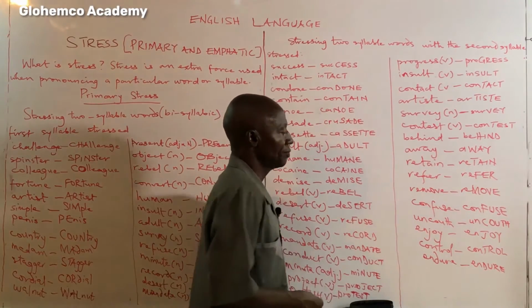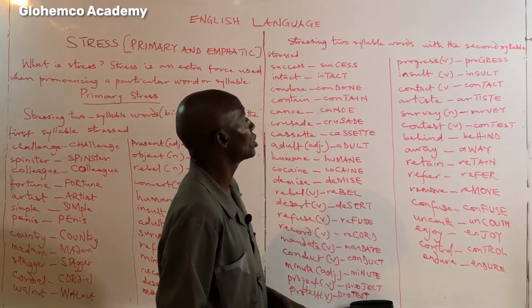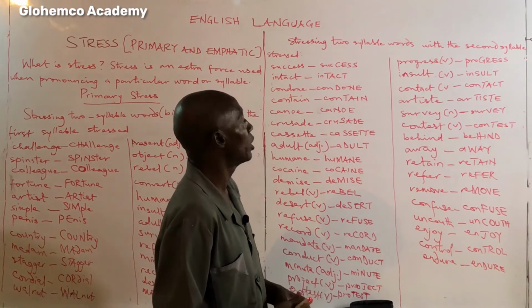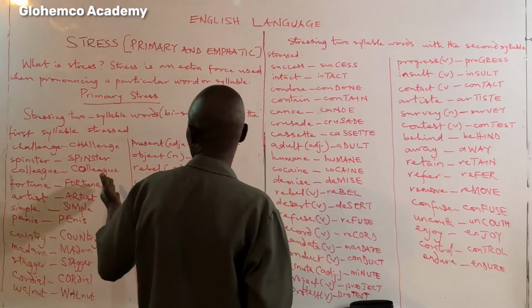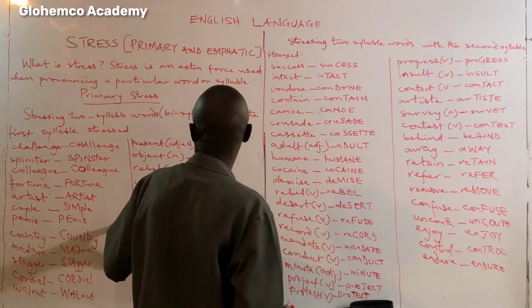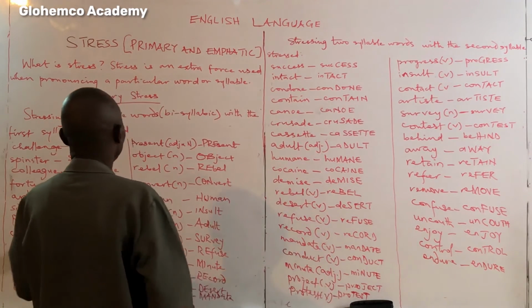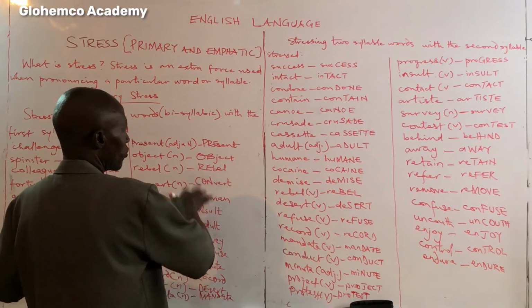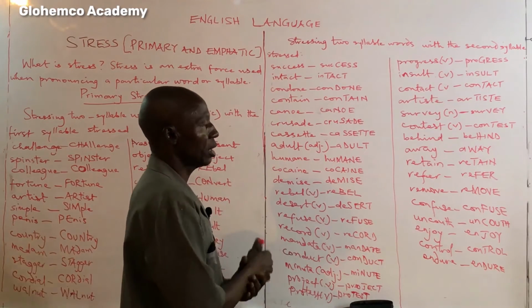Now let's look at the concluding part of this. There are so many other bisyllabic words that can still be written under this, and other ones too that can still be written under this one. I just want you to take note of the difference. These ones are stressed on the first syllable, while these ones are stressed on the second syllable.